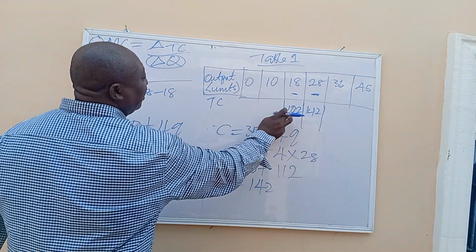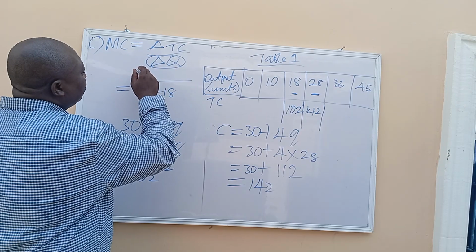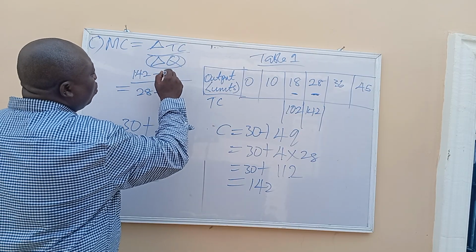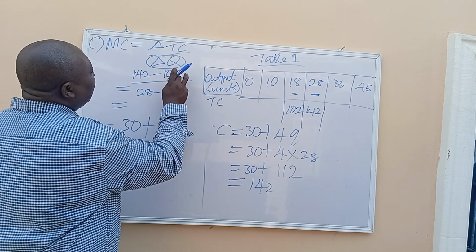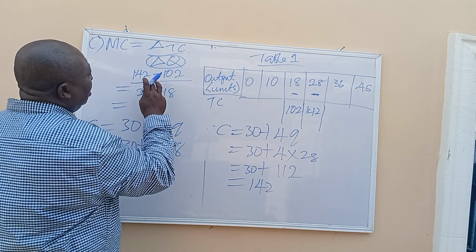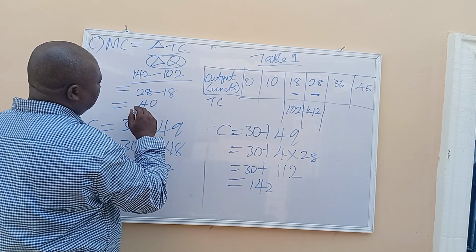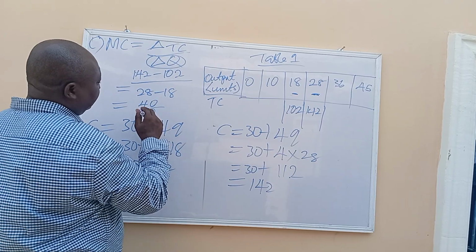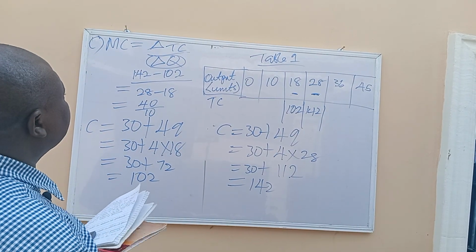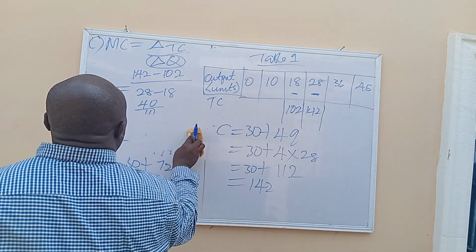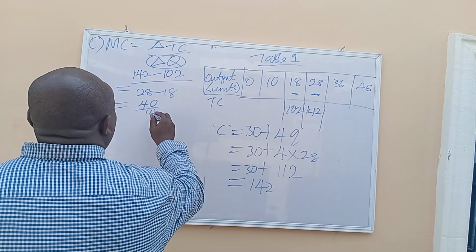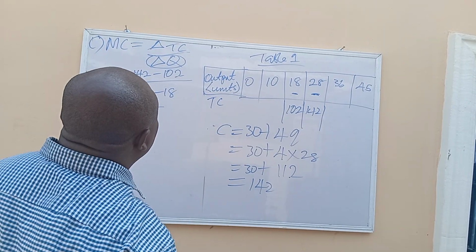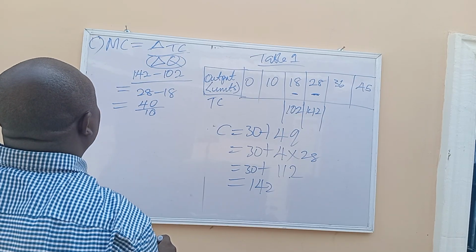So this minus this now. 142 minus 102. So this will give us 40 over this minus this is 10. Is that correct? 28 minus 18 is 10. 142 minus 102 is 40.